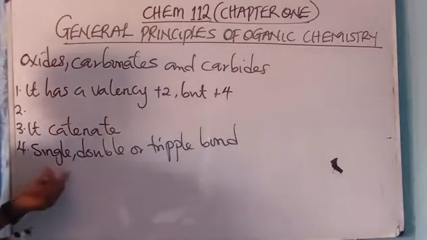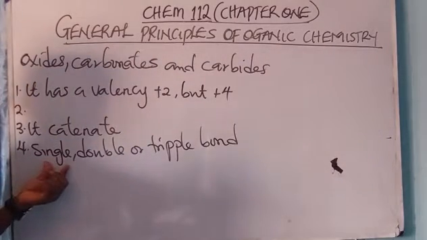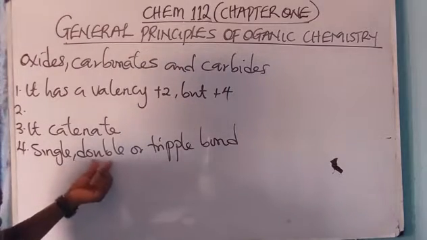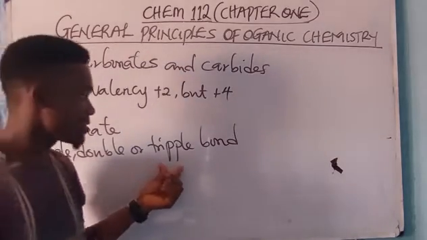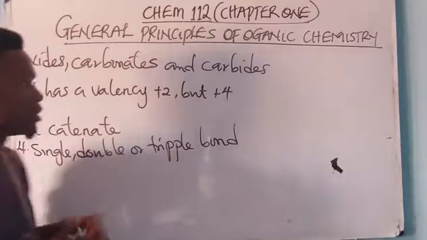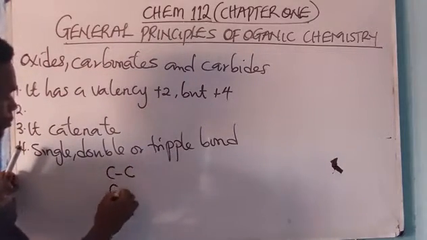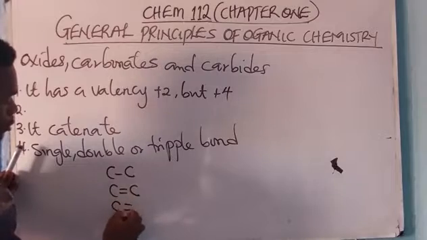The alkanes have just a single bond, alkenes have a double bond, and alkynes have triple bonds.